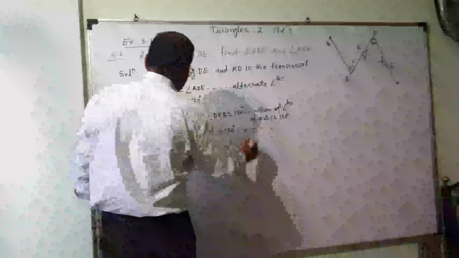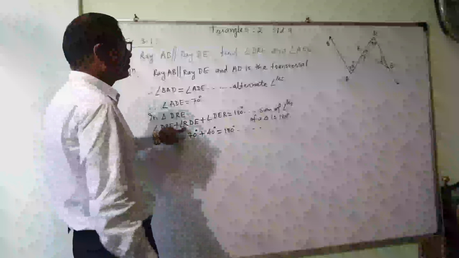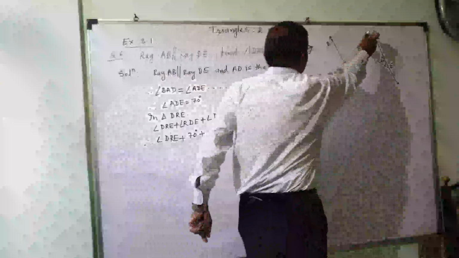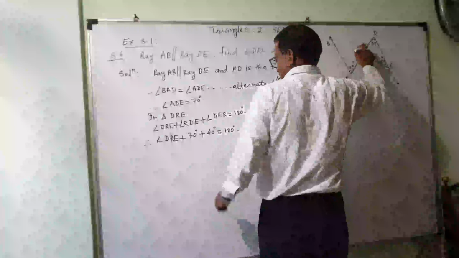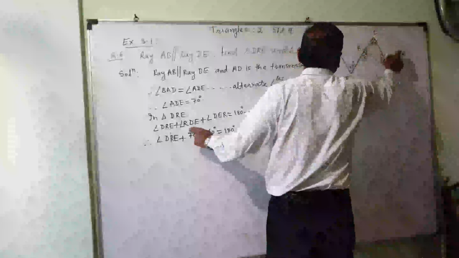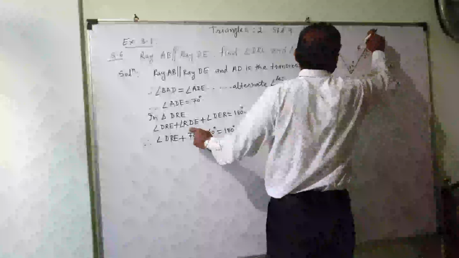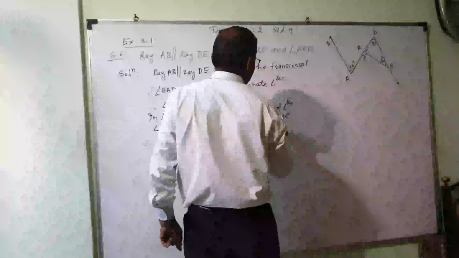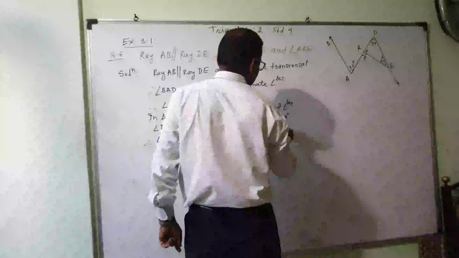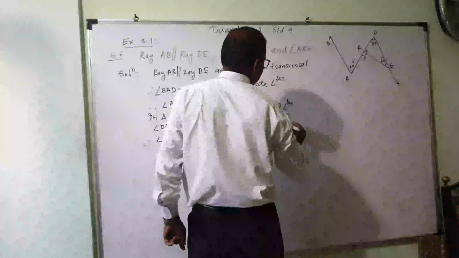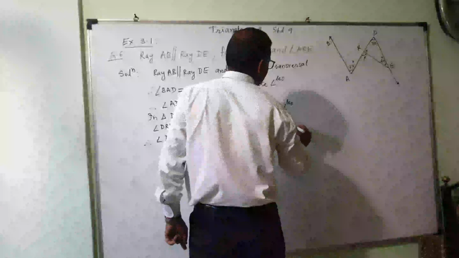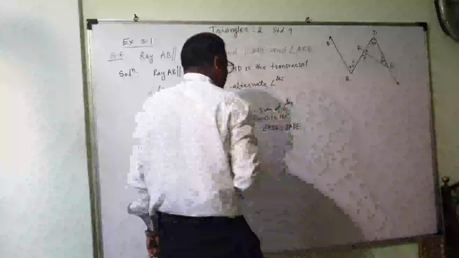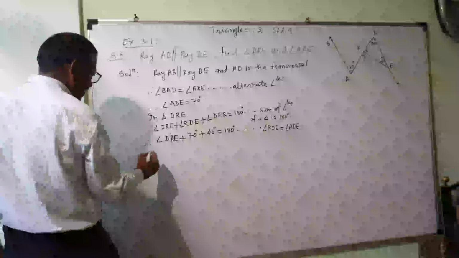So here DRE is equal to, RDE is nothing but ADE. So reason is angle RDE is equal to angle ADE. It is one and the same. Only two different names are there.